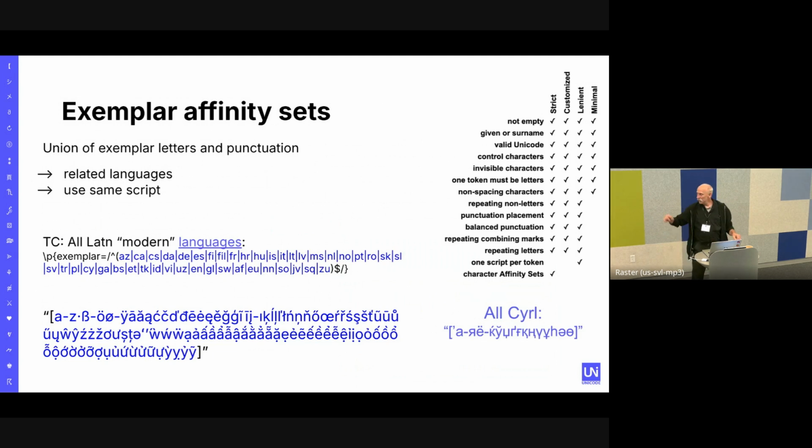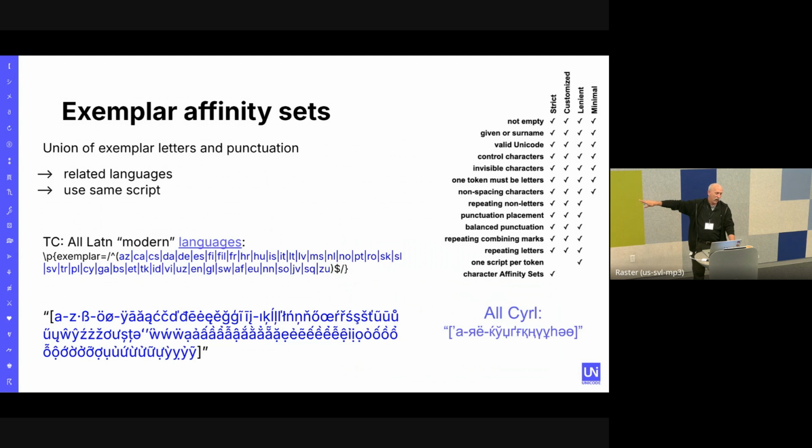So this would be an example of taking all modern Latin-based languages, and that's a long list. This is from one of the Unicode utilities for properties that have an exemplar in the set, and each one of these is a language name that is a modern language supported by the technical committee, and it comes back with the set down below.